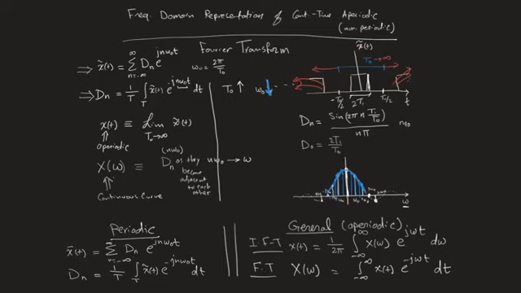Because in fact, even though when we derived this, we were assuming the case of aperiodic, those definitions can be plugged even into periodic signals, and in that case, you would be able to do a Fourier transform for a periodic signal.